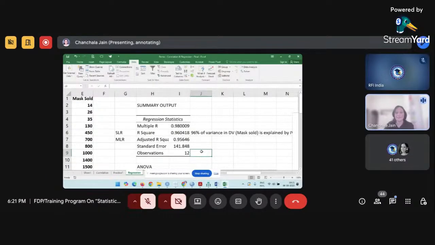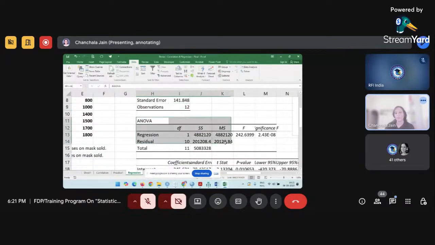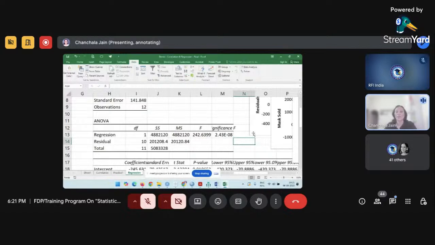Then adjusted R square, you do not need to report. Standard error is 141.848, and in observations we have a total of 12. Next comes the ANOVA table. The ANOVA table is again a very important table in regression, because it can tell you whether your model is a good fit or not. You look at the F significance value, which is 2.43E-08, very small, less than 0.05.